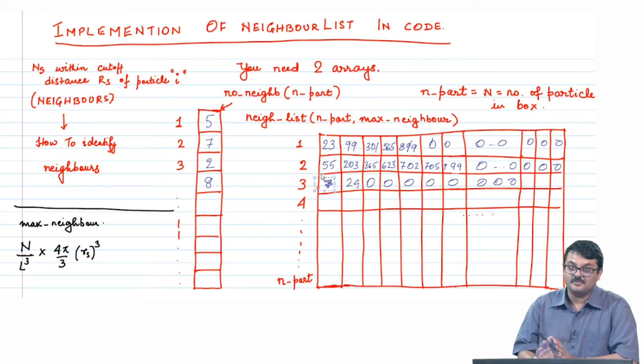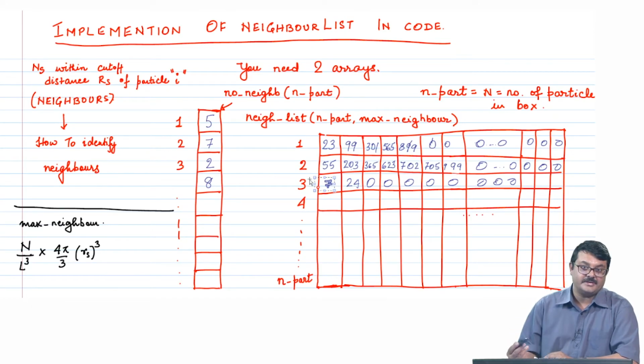After the particles have moved, 3 has moved, 7 has moved, after say 70 iterations, it is possible that particle number 7 is no longer within a distance of RC of particle number 3, maybe particle number 24 becomes at a distance less than RC from the current position of particle number 3, right.